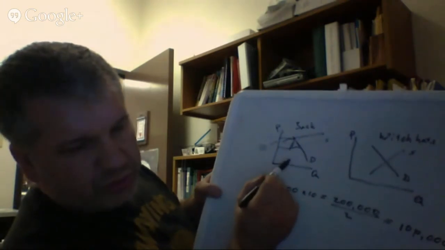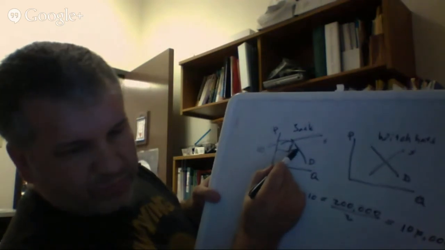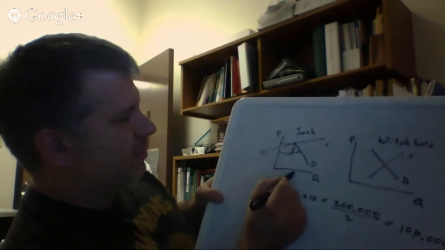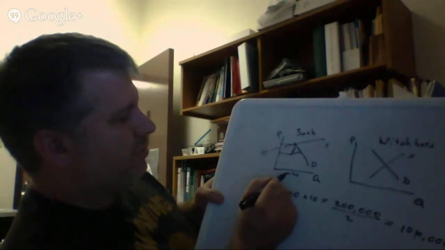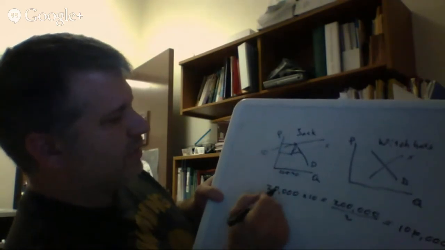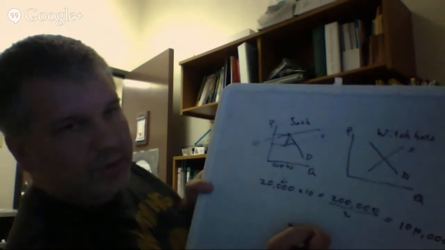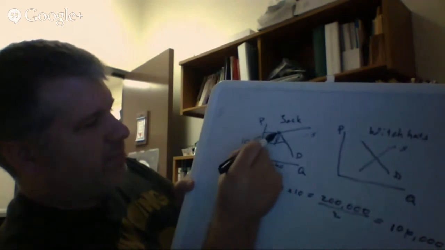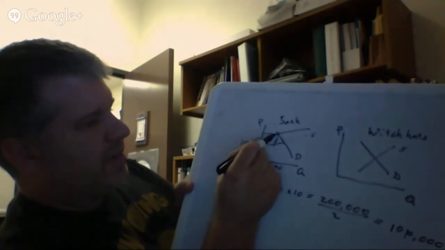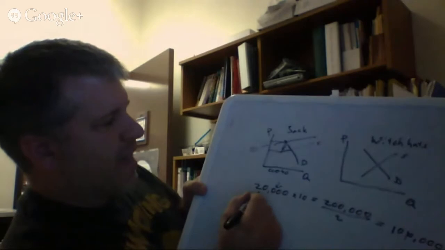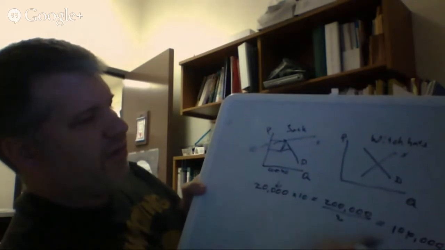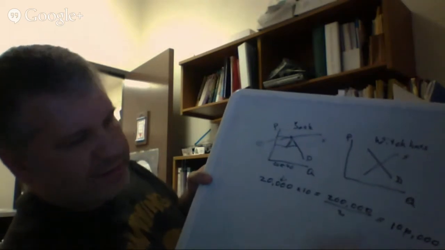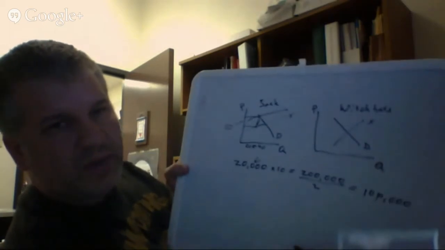We went from 40,000 to 20,000, so that's a difference of 20,000. That's where I get this number. Multiply times the tax, right? I'm getting my base times my height, and then I divide in half to get the area of the triangle. So base times height, 200,000 divided in half, that's 100,000 deadweight loss on that problem.